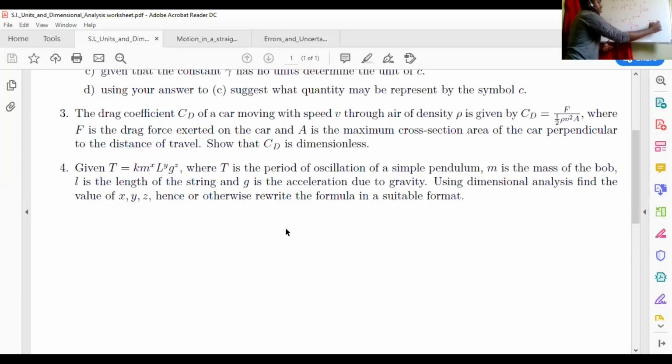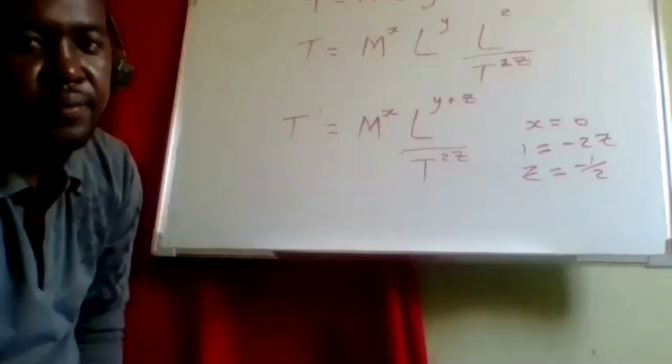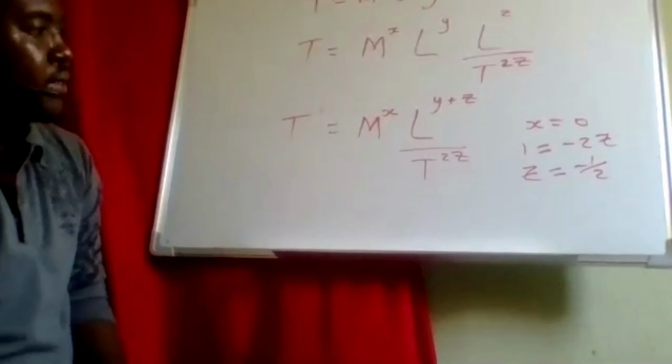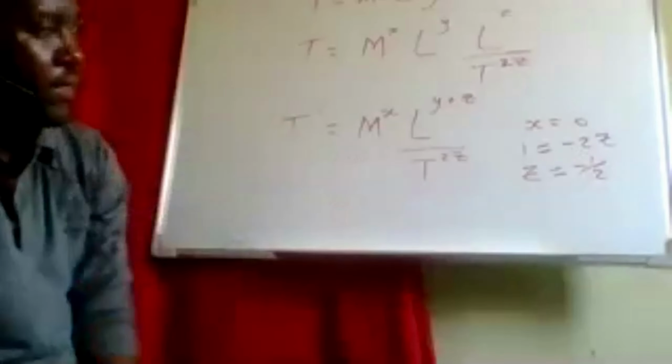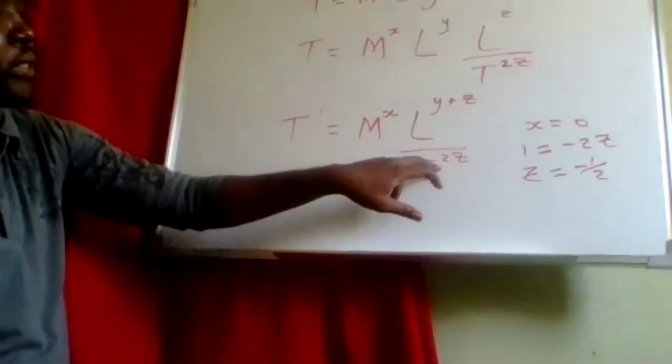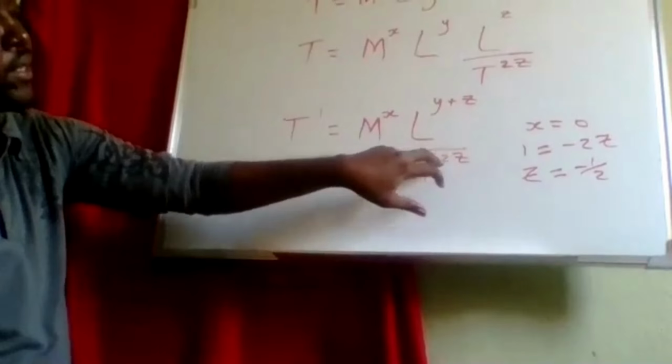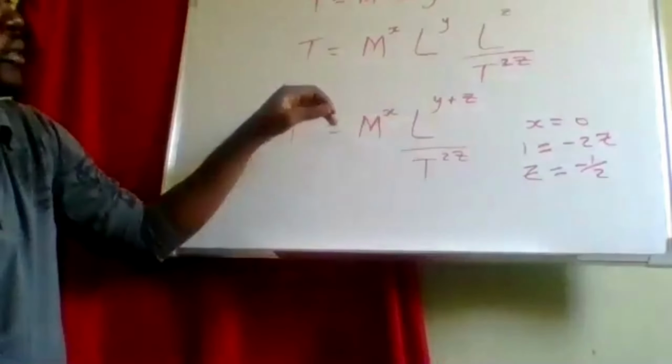So 1 equals 1 over this, which is negative 2Z. So we get z to be negative a half, because negative 2z equals 1.